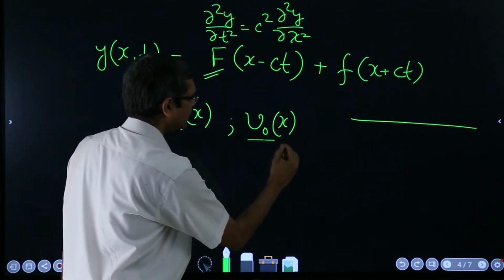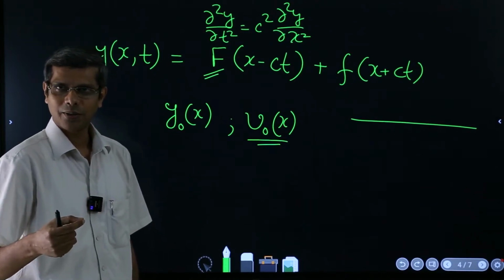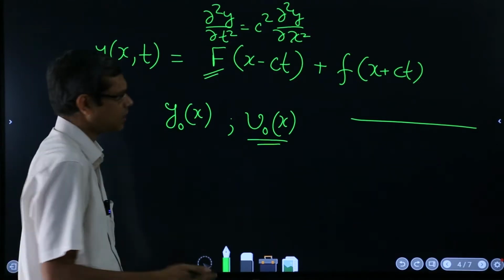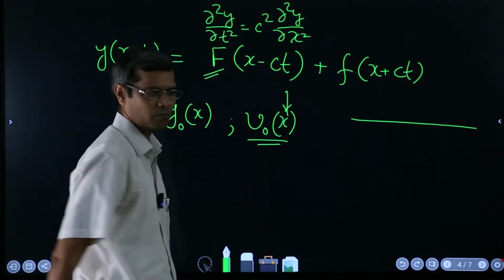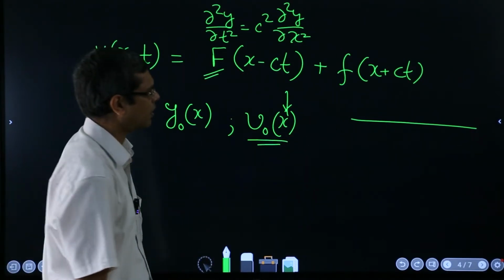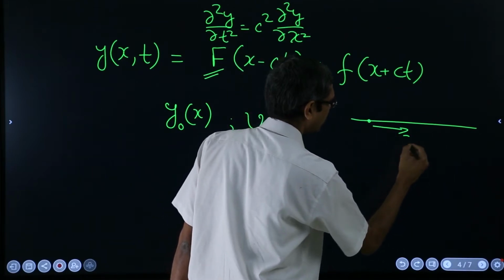So what does this mean? That means at every location we are actually defining a velocity. Every location in the sense for every x, wherever we define the coordinate system, say this is the origin and from here we define x.